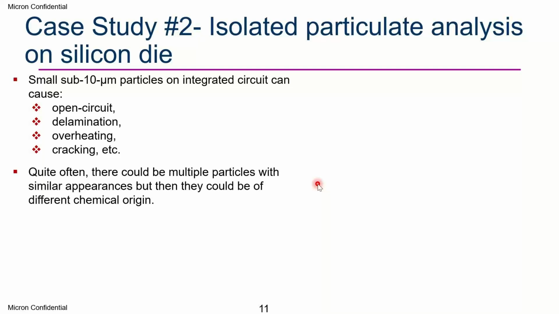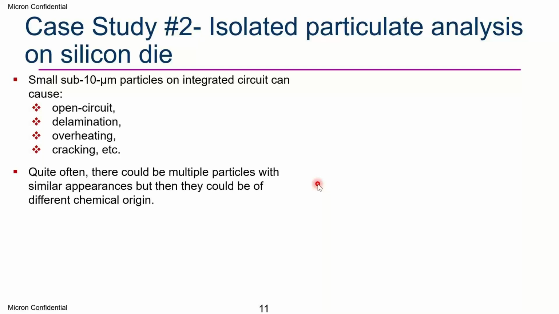This particle is always the root cause of open circuit, delamination, the electronic part becoming overheated, or some crack issue. In the past, with the conventional FTIR, this 10 micrometer particle was impossible to get any meaningful data from. Most of the time, we could only get a noise signal because of the spot size limitations.